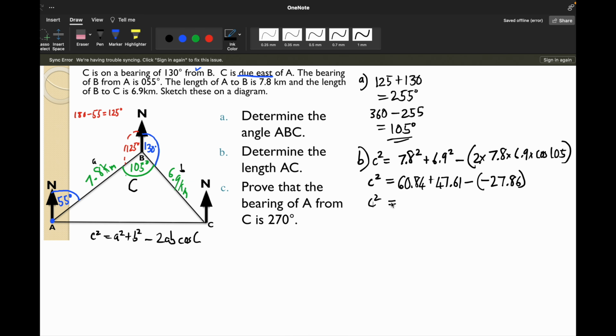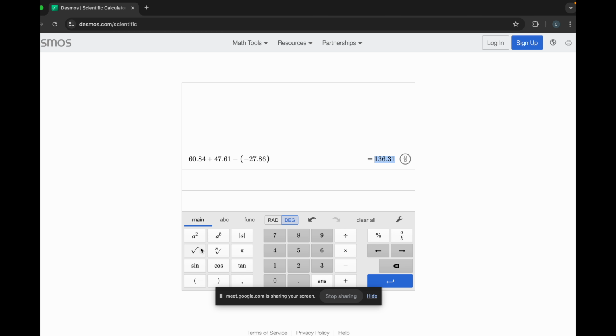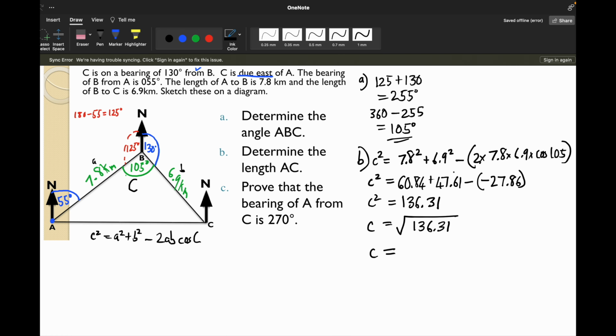So we're going to get 136.31. So then we find the square root of that, and that would give us our answer. So c is equal to 11.68. So we could put here 11.68 kilometers, and that's our answer.